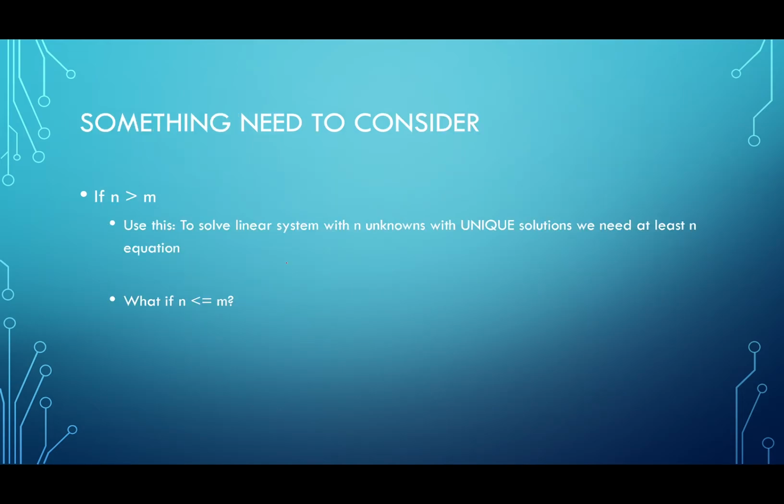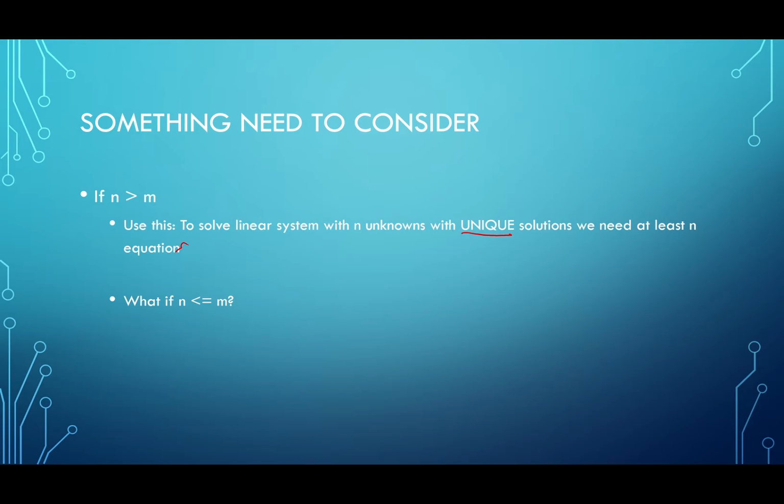So use this following idea, which we have learned before, maybe in first year of high school. To solve a linear system with n unknowns with unique solutions, I make it capital because it's only applicable for unique solutions, we need at least n equations.